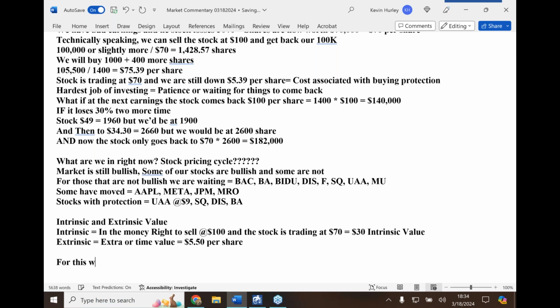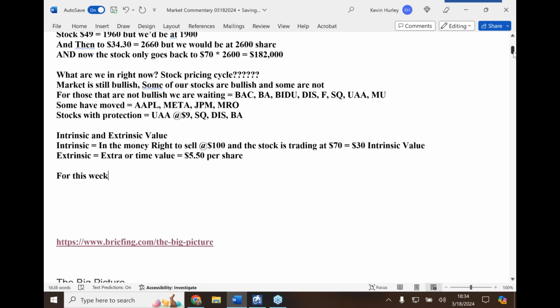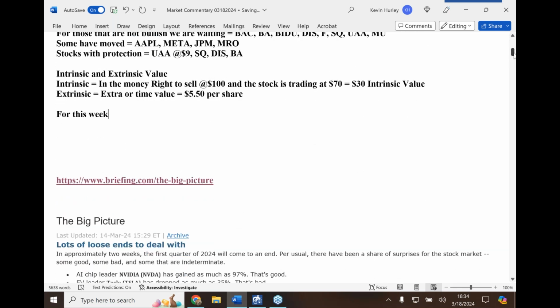For this week, anyone know what's happening this week and what we're going to pay attention to? Fed meeting, there you go. Federal Open Market Committee rate meeting. I'm going to go out on a limb, not cutting rates.